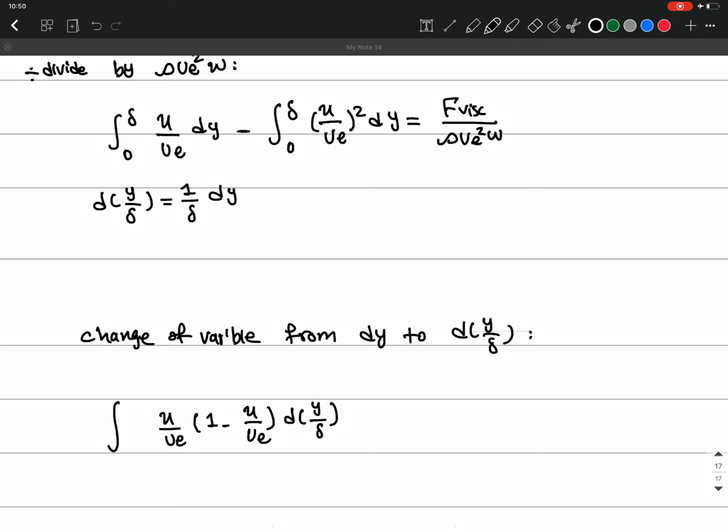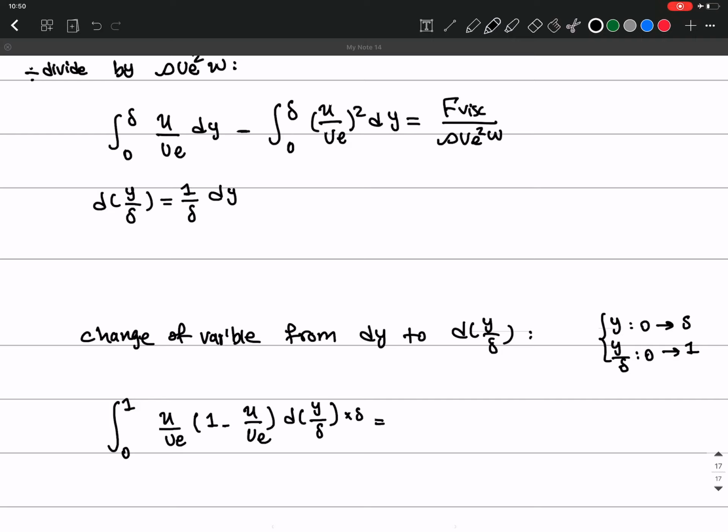And because you have dy over delta, we need to multiply this by delta to get dy, right? And now when y goes from 0 to delta, y over delta goes from 0 to 1, okay? So here I just write it from 0 to 1.